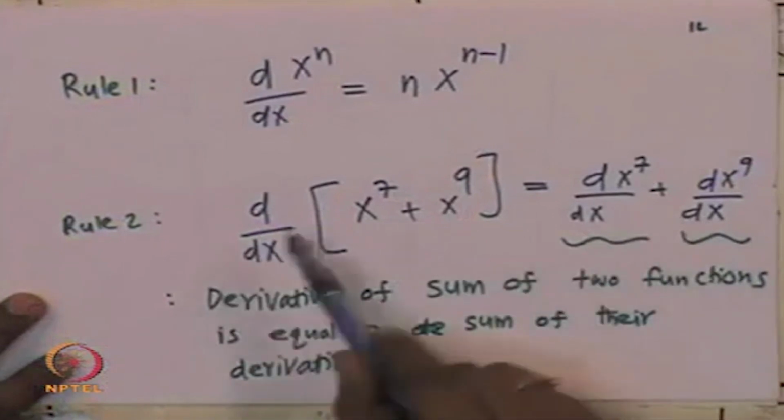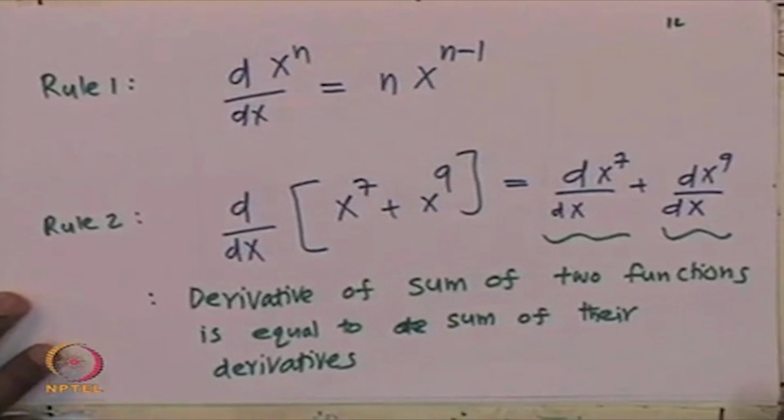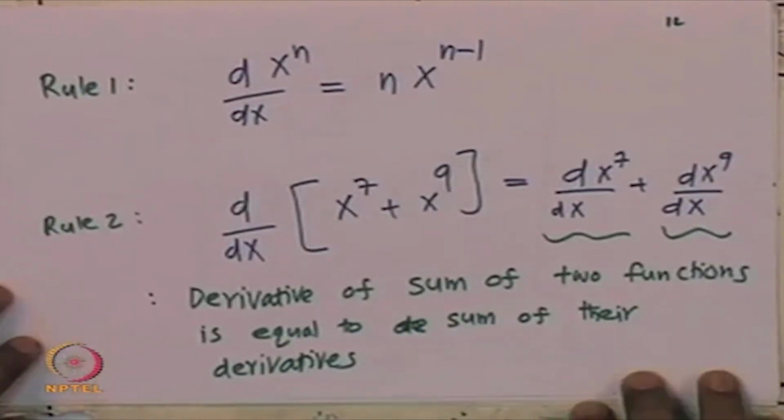So, if you just know these two rules, rule 1 and rule 2, you can calculate the derivatives of many known functions, and we will use this in the next class to learn many more functions. So, we will stop here today.